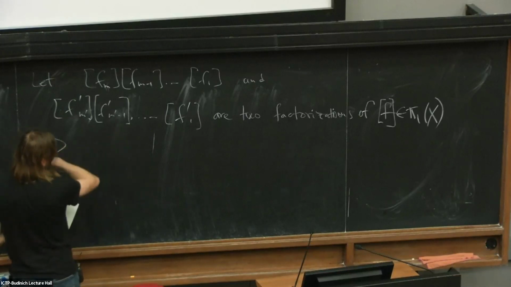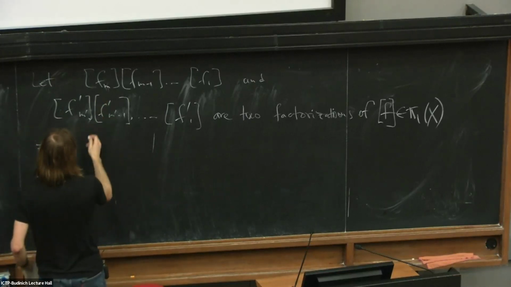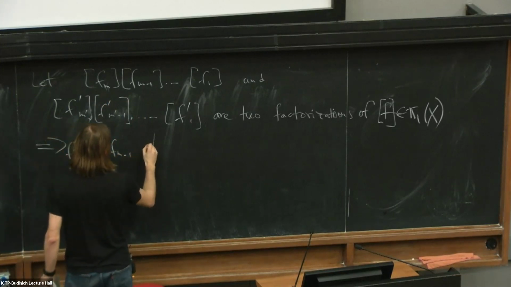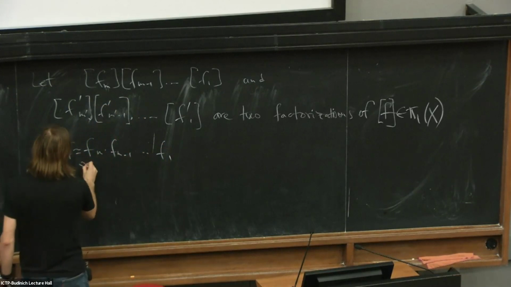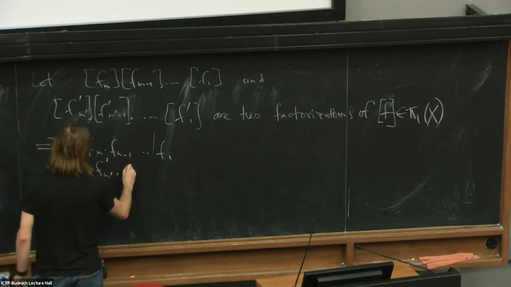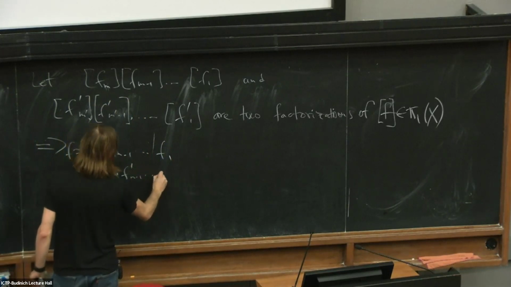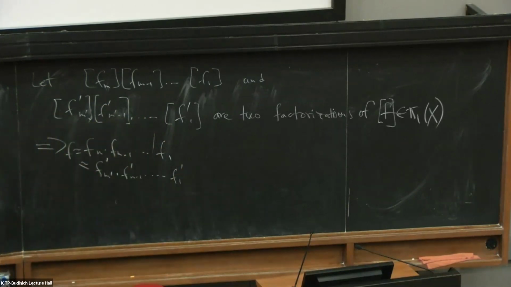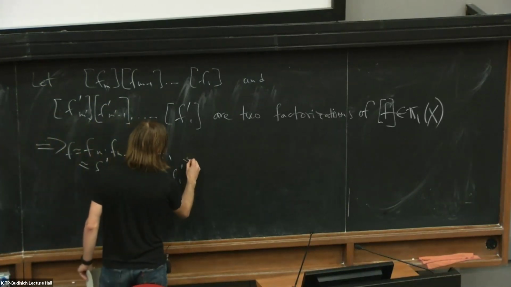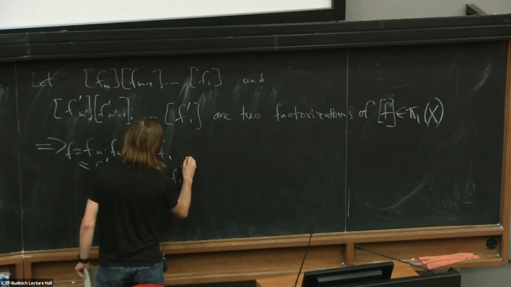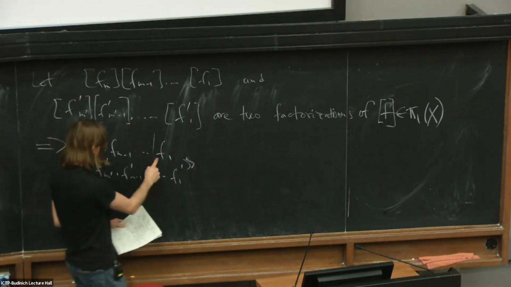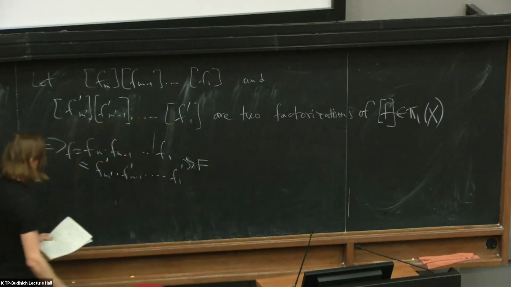By definition, if these are two factorizations, this means that this composition is homotopic to F and the composition of primed F's is also homotopic to F. By transitivity, there should be a path homotopy between these two compositions of paths.